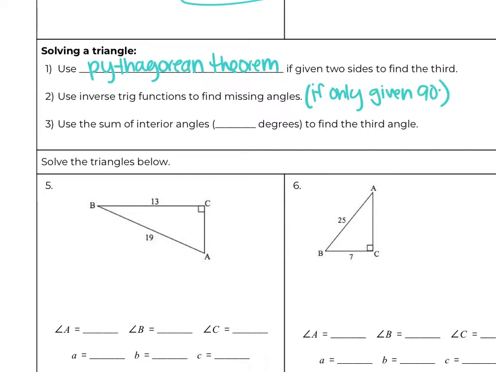Because if we have 2 angles, we could just add them and subtract, right? If I have 2 of them, say I found this was 20, you don't need to do inverse again, just add and subtract from 180. They need to add up to 180 to find the third angle.